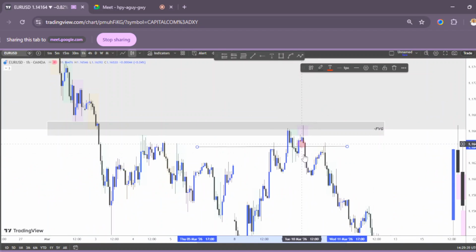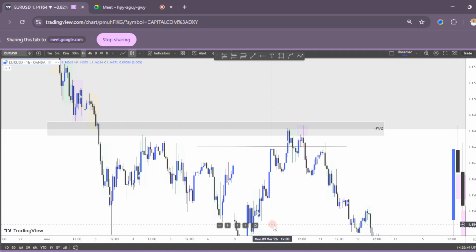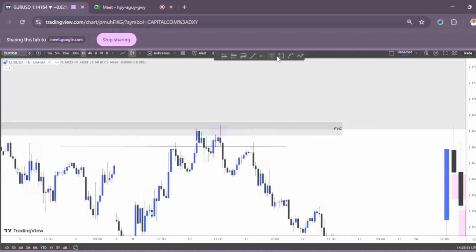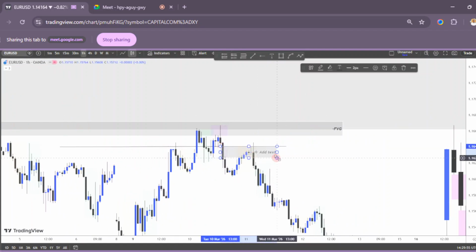And this is where it happened. This was on Tuesday. Then Wednesday began here. You see, on Wednesday, price came back to this fair value gap. We had a 1 hour fair value gap that price returned to. After that, we had a change in state of delivery.